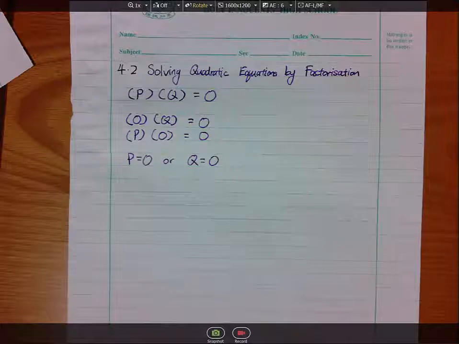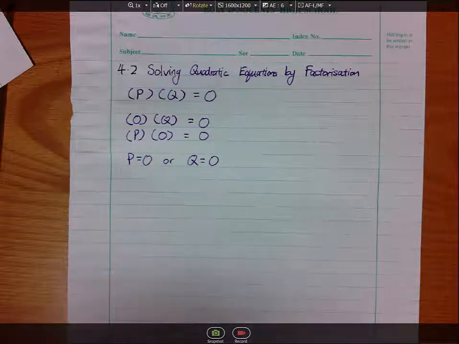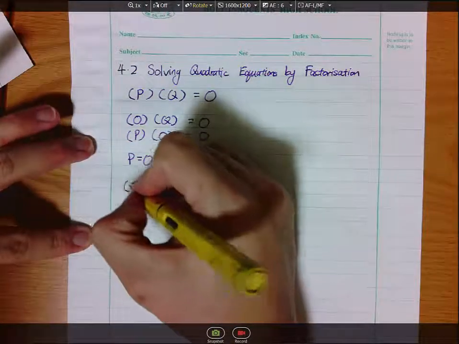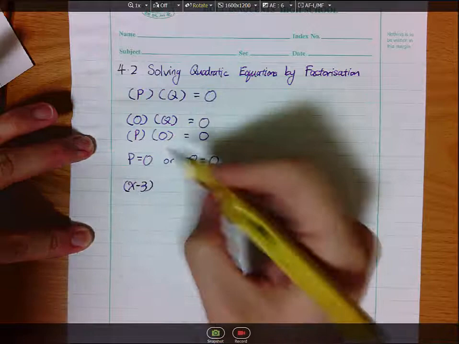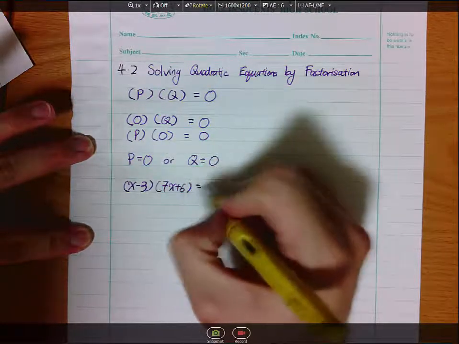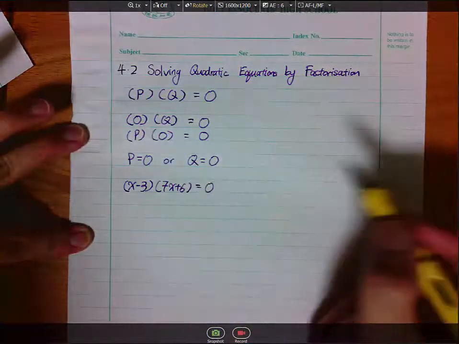Right, now how do we extend this into algebra and solving equations? I'll give you an example now. For example, if we have (x minus 3) times (7x plus 6) is equal to 0, it's like p times q is equal to 0.